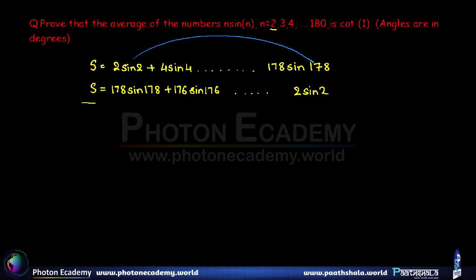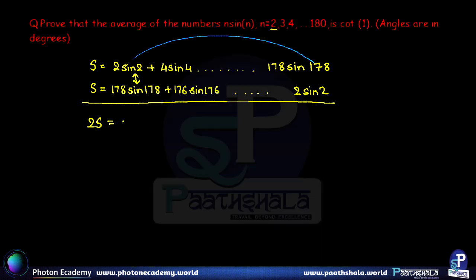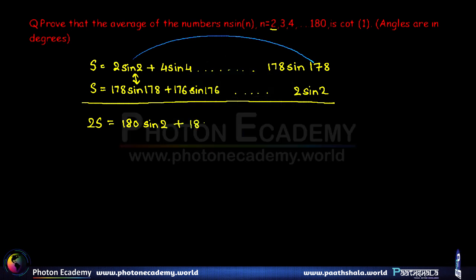Now let's add both of these sums. So we have 2S. This will be equal to, so this and this are same to each other. So it is 178 plus 2 is 180 into sine 2. Then next we have 176 plus 4, so that is 180. And again sine 4 is the same as sine 176.